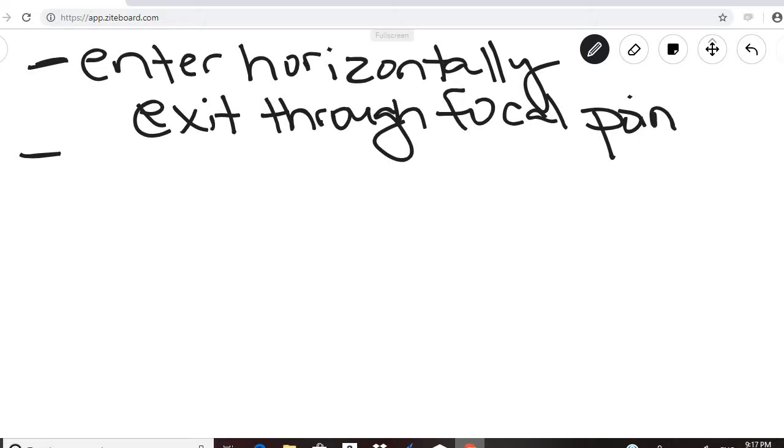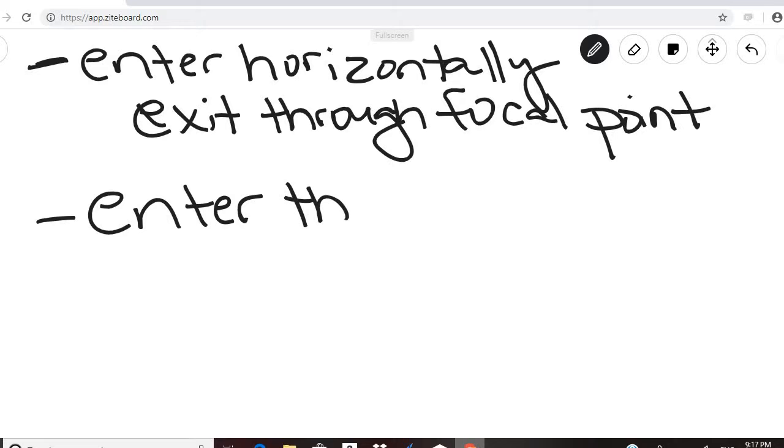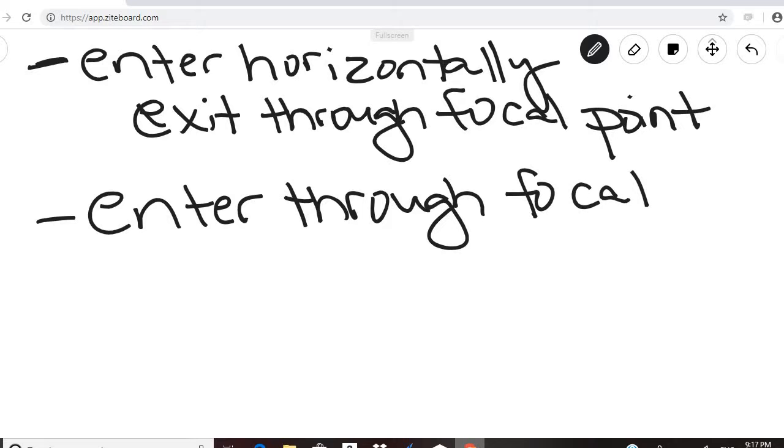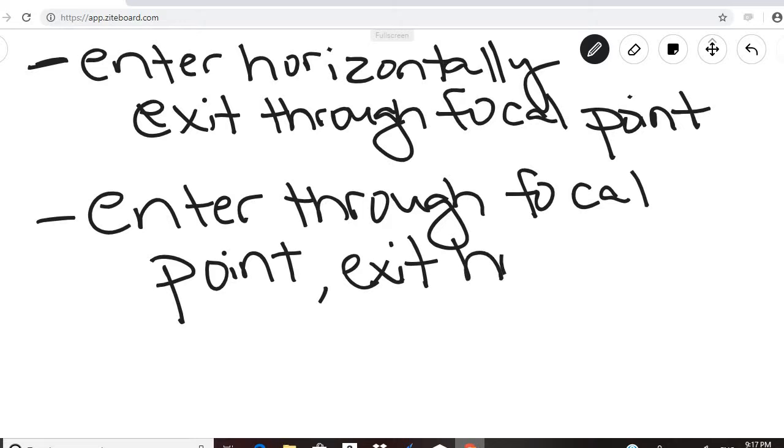And then secondly, any light beams that enter through the focal point will exit horizontally. Okay, so those are just the opposite. If it enters horizontally, it's going to exit through the focal point. If it enters through the focal point, it will exit horizontally.